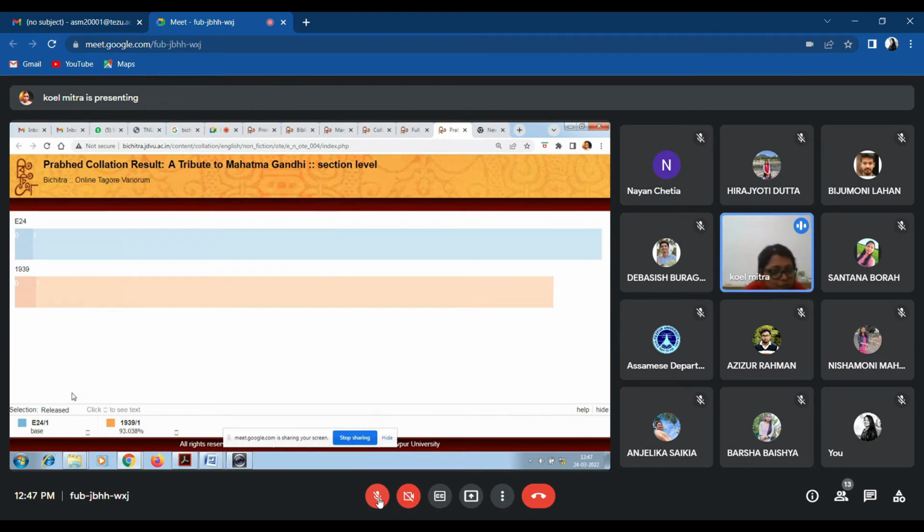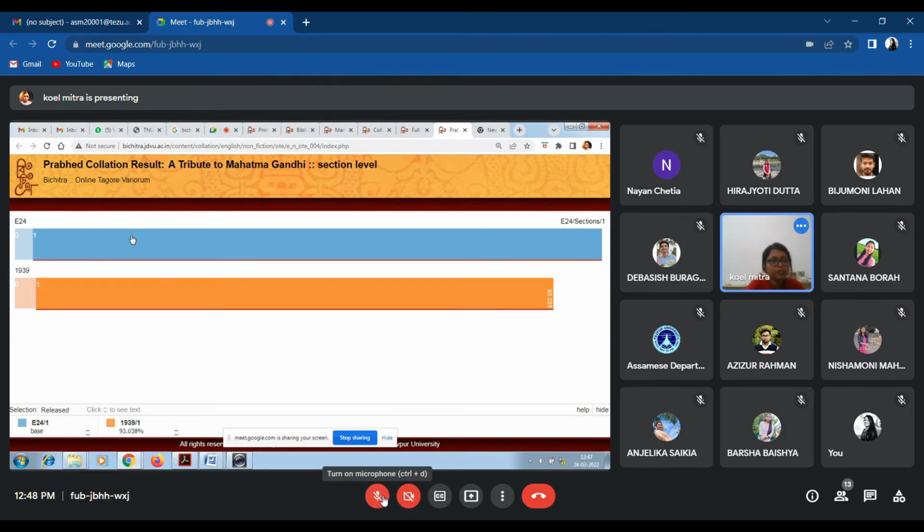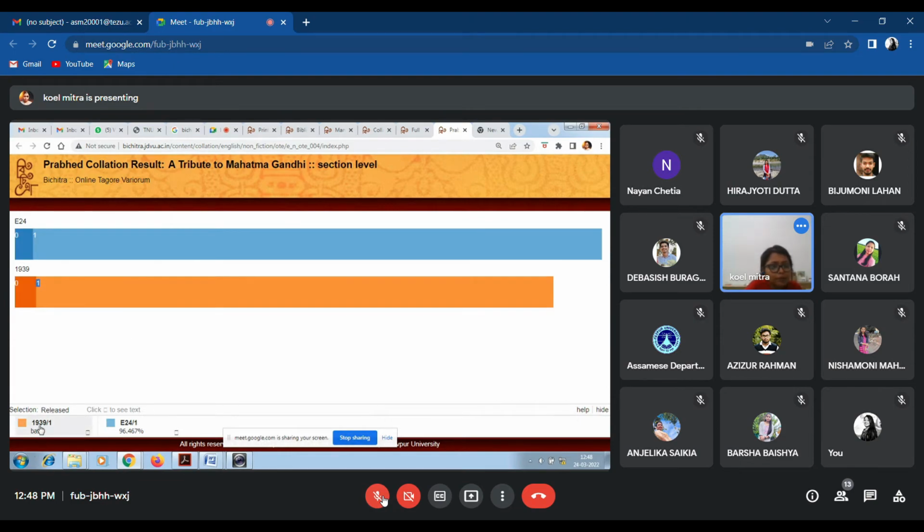So can you see over here? Wait. Can you see the blue thing over here? Blue index over here? Yes, ma'am. So the part which is the main content has 96.467% of text in the body, and it has 90 in the orange one.